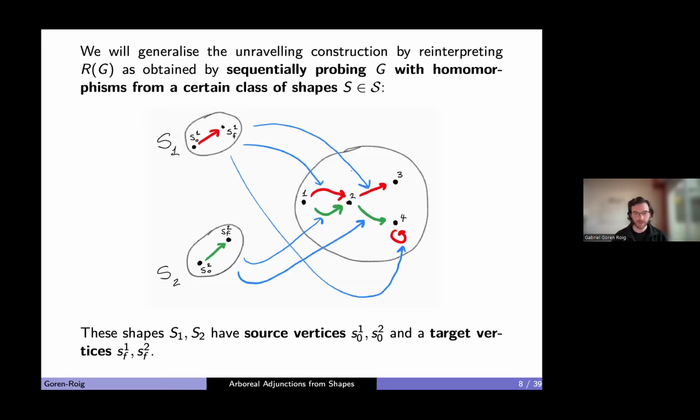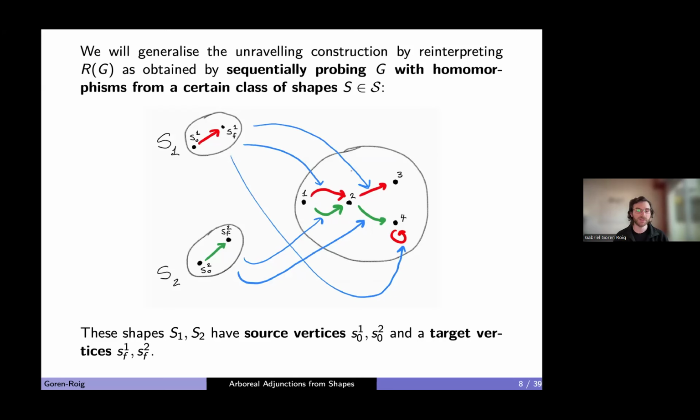So, to generalize it, we will look at it from a different angle. So, we had looked at this tree where the nodes were sequences of nodes and some labels or some symbols to represent whether it was red or green that was traversed.